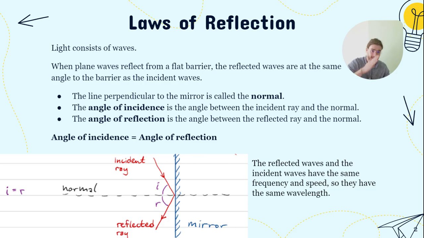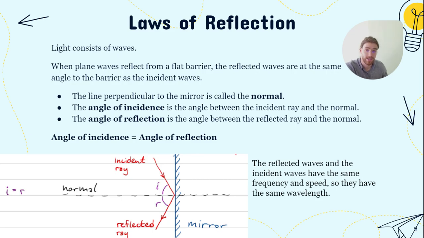Basically, the wave coming in is going to have a certain angle. Now we take that angle as the angle between the wave coming in and something called the normal. Now the normal is an imaginary line that we draw that's perpendicular to our surface, as we can see here.